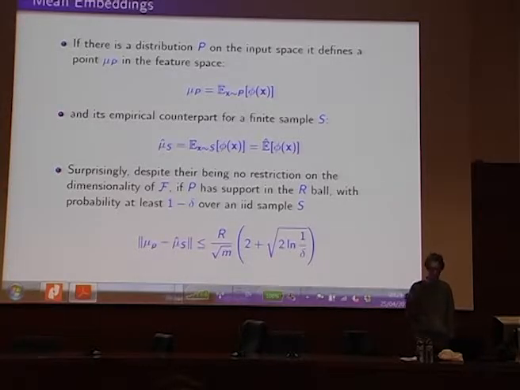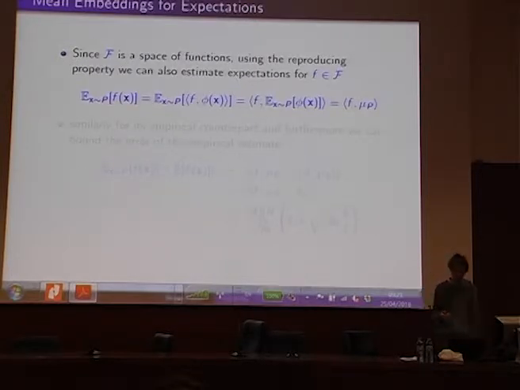And just as an example of how you might use this information, if we were interested in evaluating expectations of functions, remember that F is a space of functions, so let's take an f in that space. These are the feature vectors.